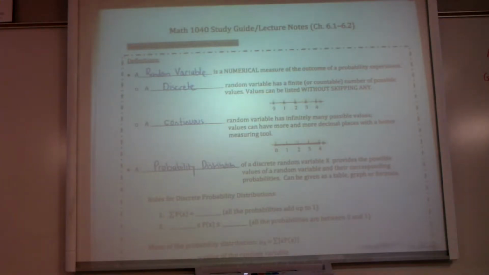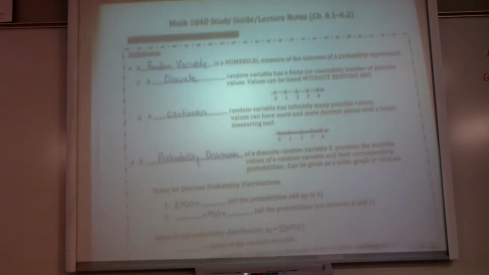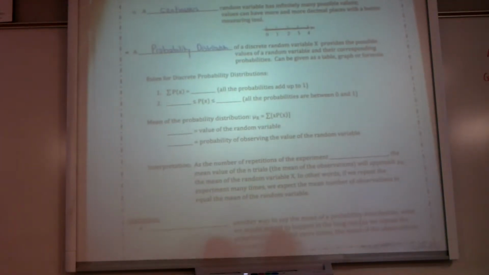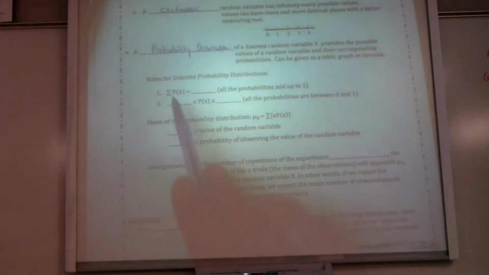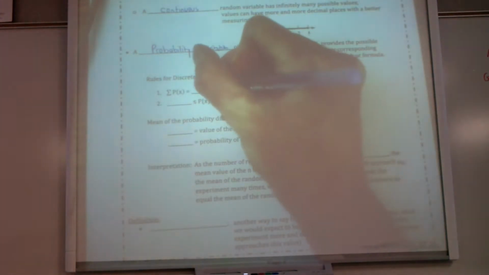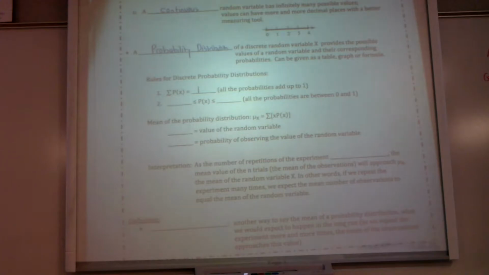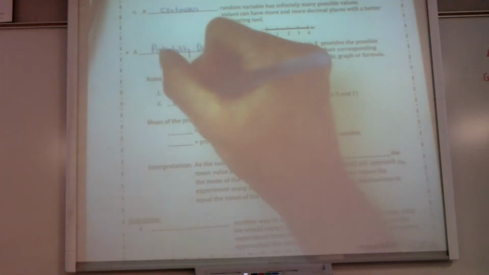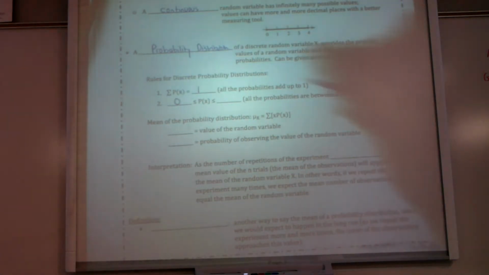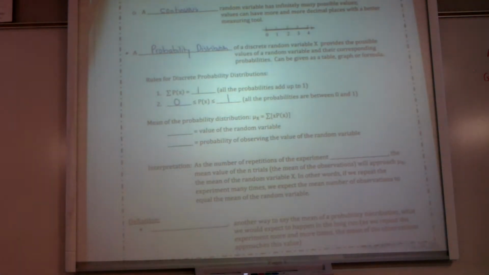It can be given as a table, a graph, or a formula. We'll see examples of that. Now here are some rules for our discrete probability distributions. Remember this symbol here? This is sigma. It means sum. If we add up all of the probabilities, they always add up to 1. And each of the individual probabilities is between 0, which means it would never happen, and 1, which means it would always happen.